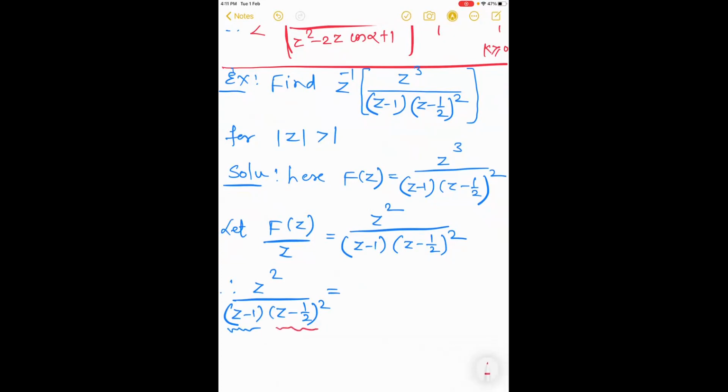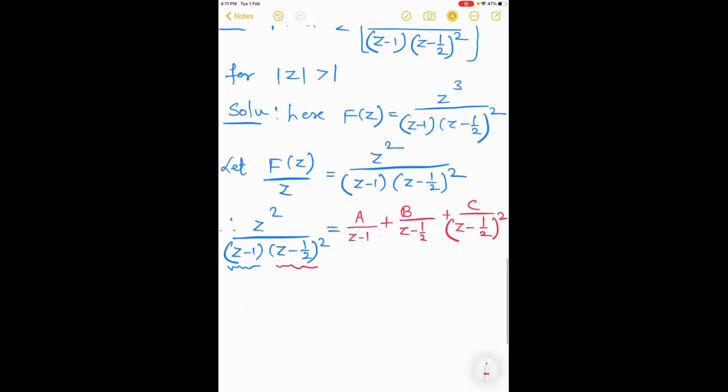So we will split it, and write A upon z minus 1, plus B upon z minus half, plus C upon (z minus half) square, because this factor is repeated. Are you getting this? This is the fraction form. The second factor is repeated, so I'm getting B upon z minus half and C upon its square.